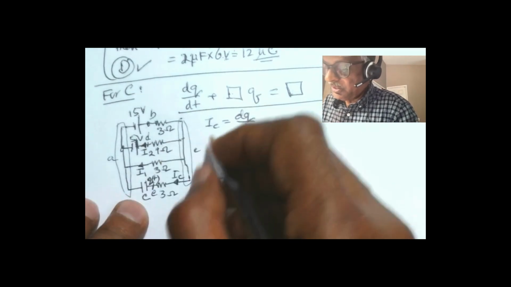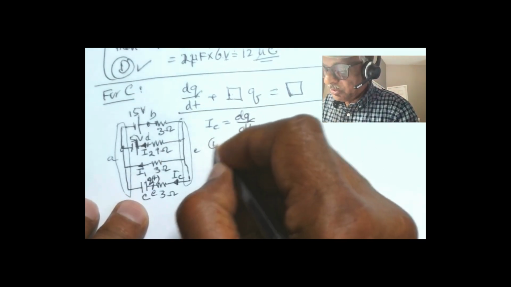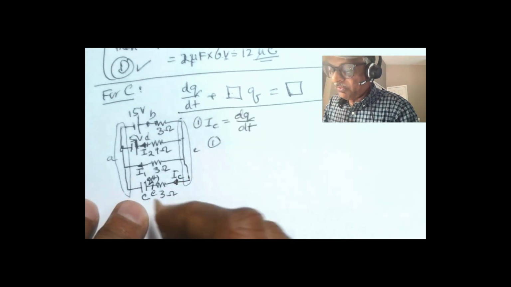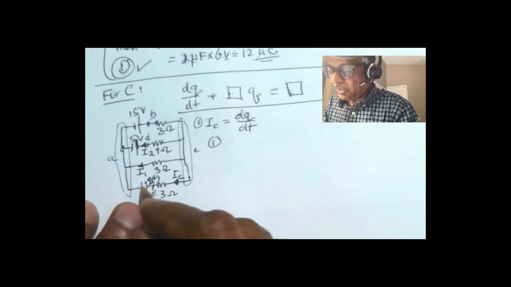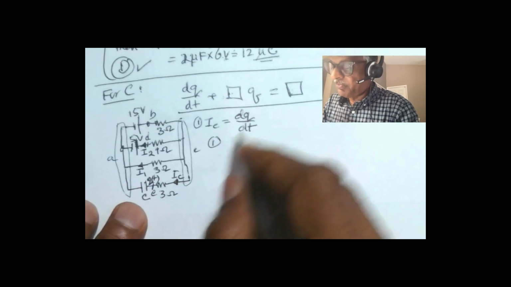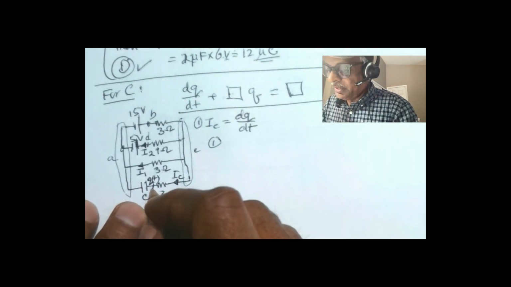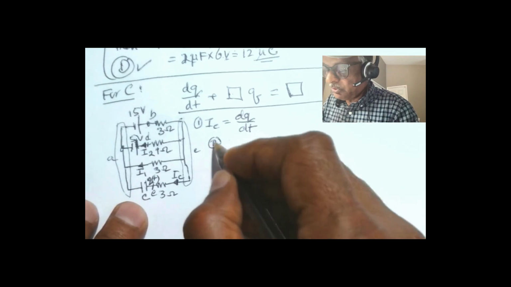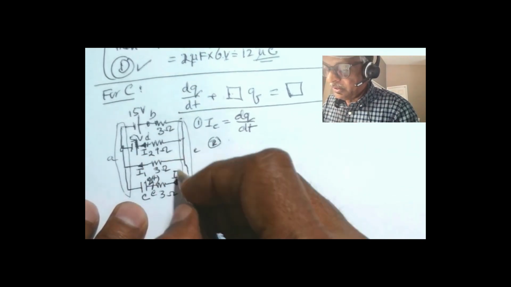One equation will be the definition of the current and charge relationship, the charge accumulating phase, and the second set of equations will be all the balancing.